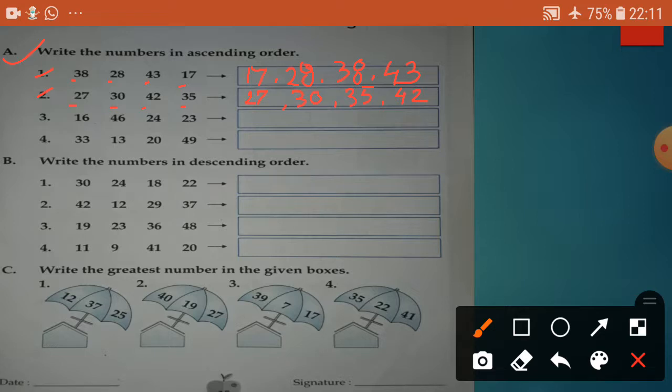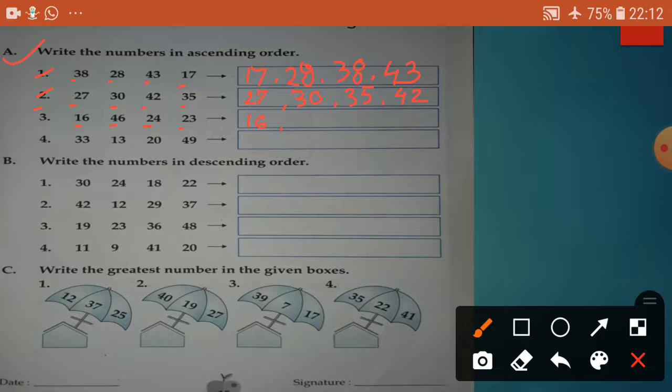Okay. Next 3. 16, 46, 24, 23. See children, tens is different, so it's very easy. Tens, you underline: 1, 4, 2, 3. So first 1 ten, next 2 tens. So first you write 16.